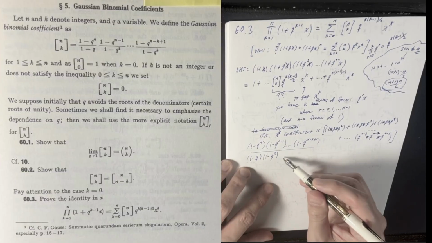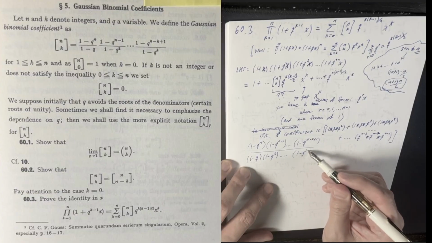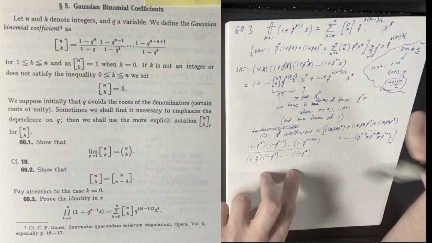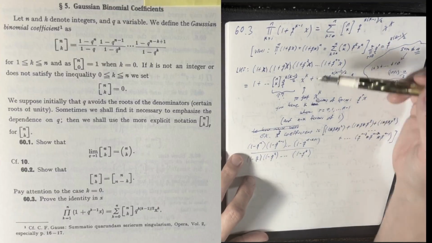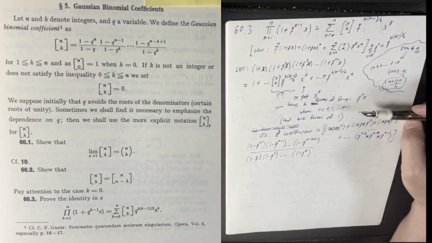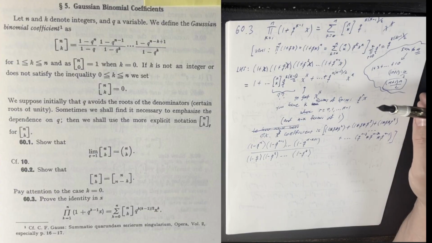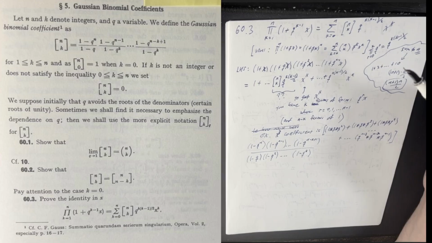So it's this many sums of q, is what I'm supposed to get as the general coefficient. Paths on a lattice of size n by k. Oh, that's interesting.